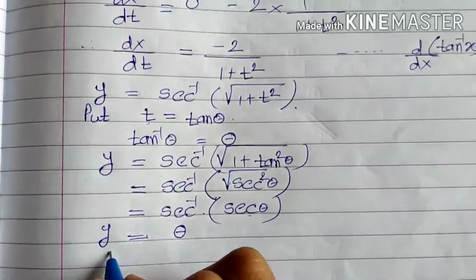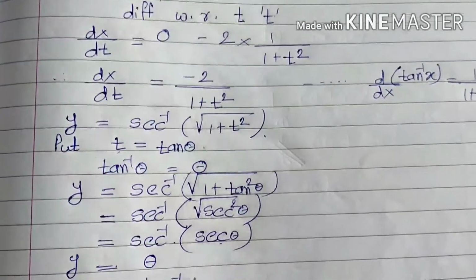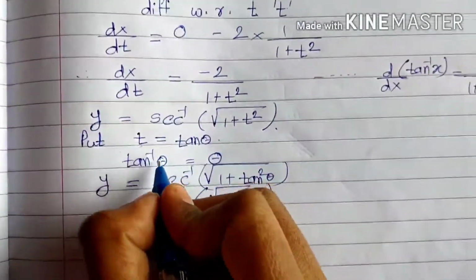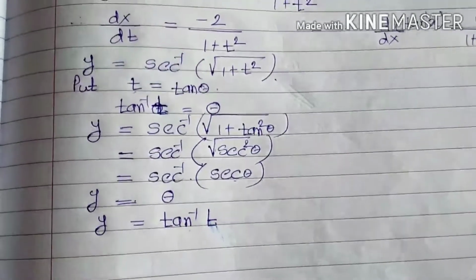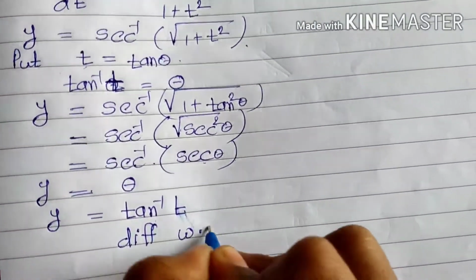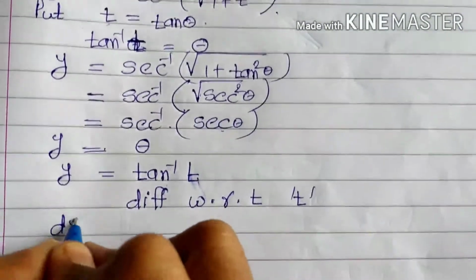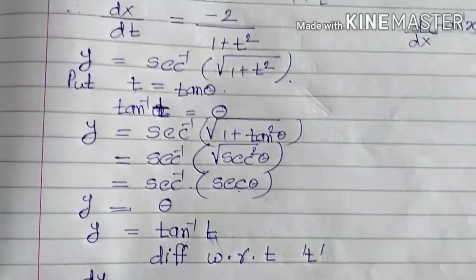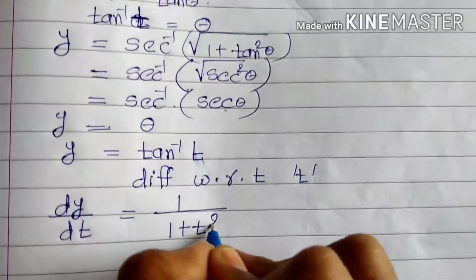Now put the value of theta, which is tan inverse t. Sorry, here is some mistake. It is t. Now differentiate with respect to t, because our parameter is t. So dy upon dt is equal to 1 upon 1 plus t square.